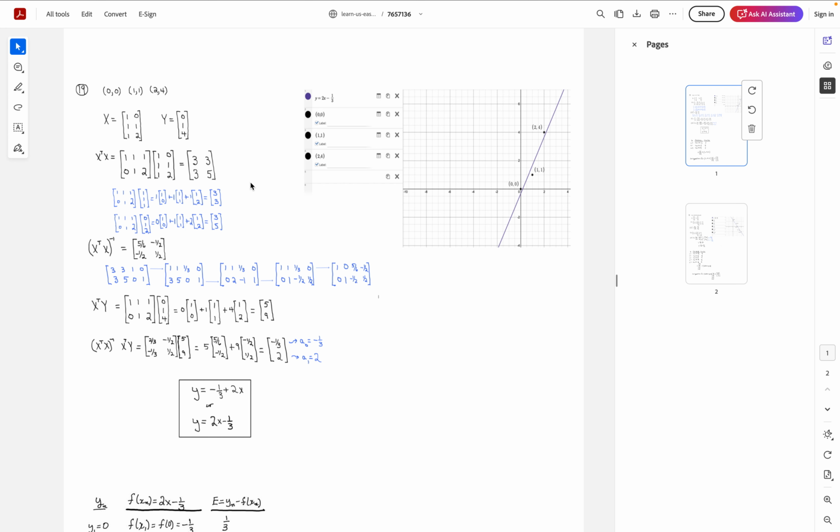After the attainment of that product, we're looking at the inverse of the result, and for the inverse of the product of the transpose of x and x, we have this array of fractions.